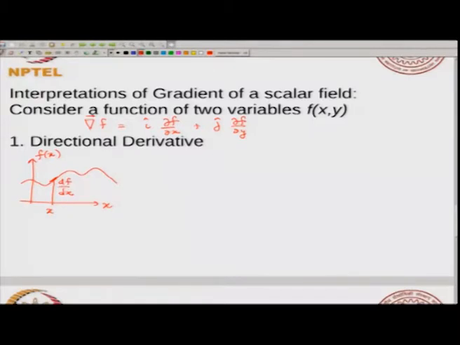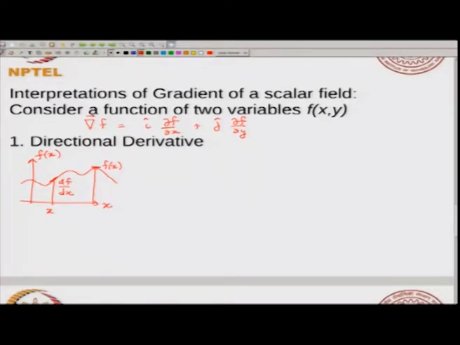Just to remind again, this is a plot of the function f of x, and you understand the derivative as the slope of this curve. The slope of the graph of the function at a point gives you the derivative at that point. The derivative at this point, for example, is 0 because the slope of the function here is 0.